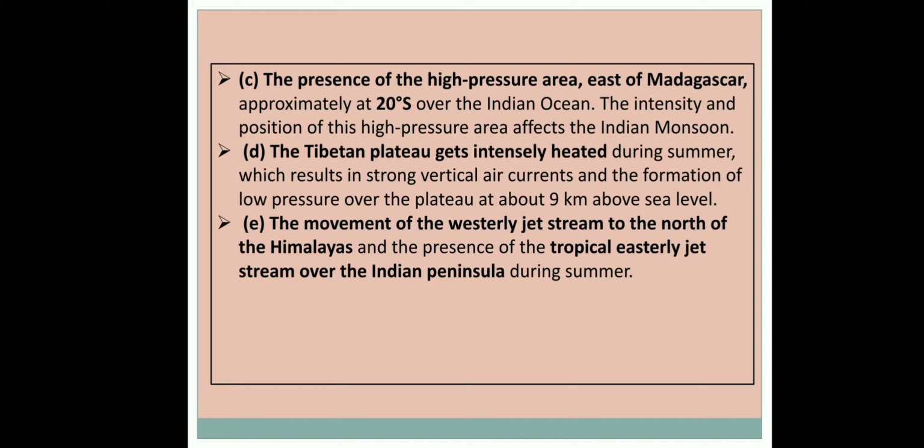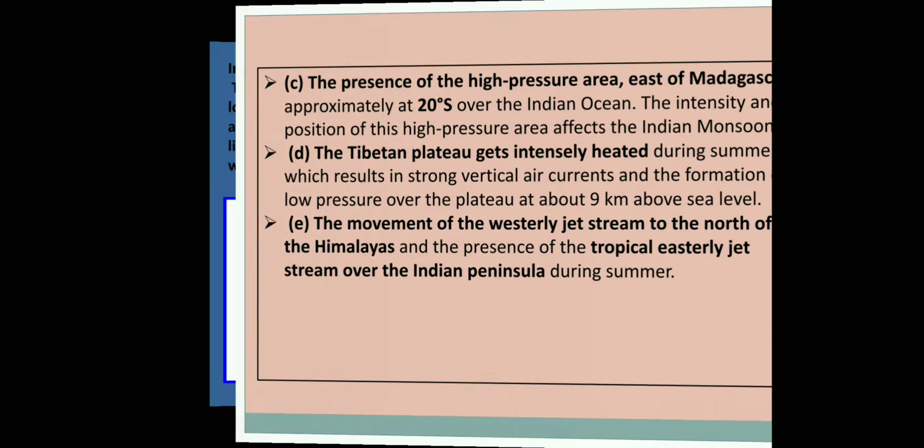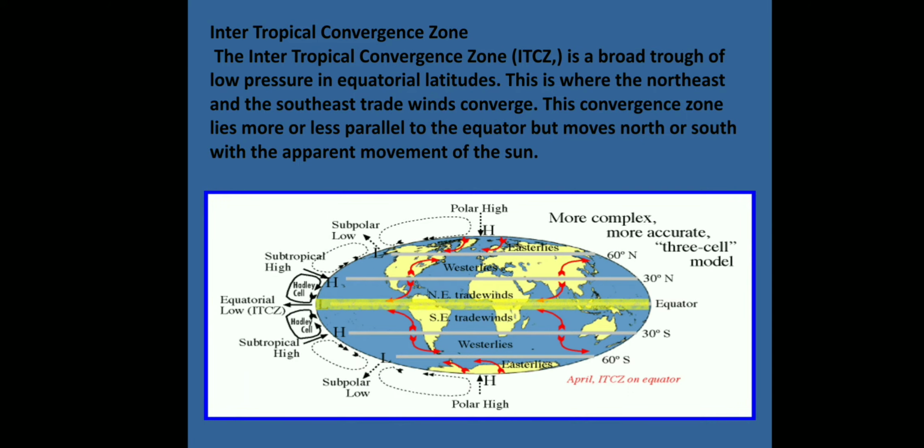So look at a map for easier understanding of it. Okay, this diagram well explains the intertropical convergence zone. You can see the equatorial latitudes as well as the movement of it towards north or south with the apparent movement of the sun.